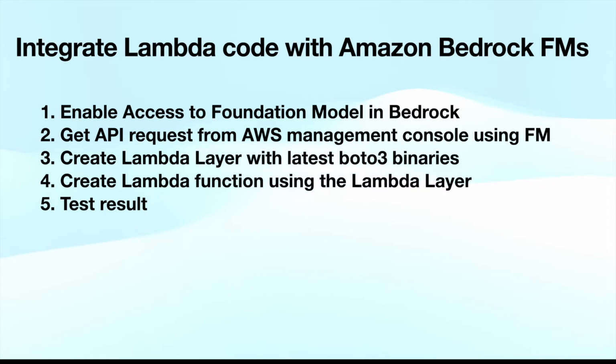Then create a Lambda layer with the latest Boto3 libraries. Create a Lambda function using that Lambda layer, and then test your result. We'll just run it in the console itself for the Lambda function and make sure that we are able to get a response from the Bedrock foundation model. So these are the simple steps we are going to do.